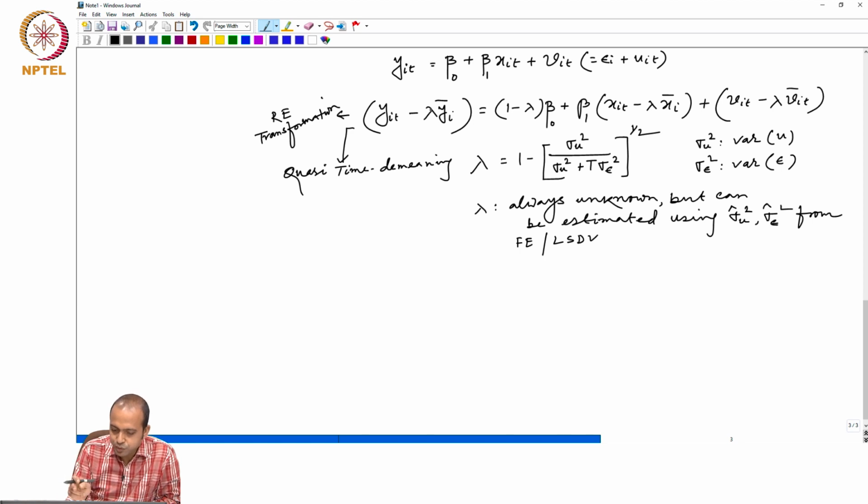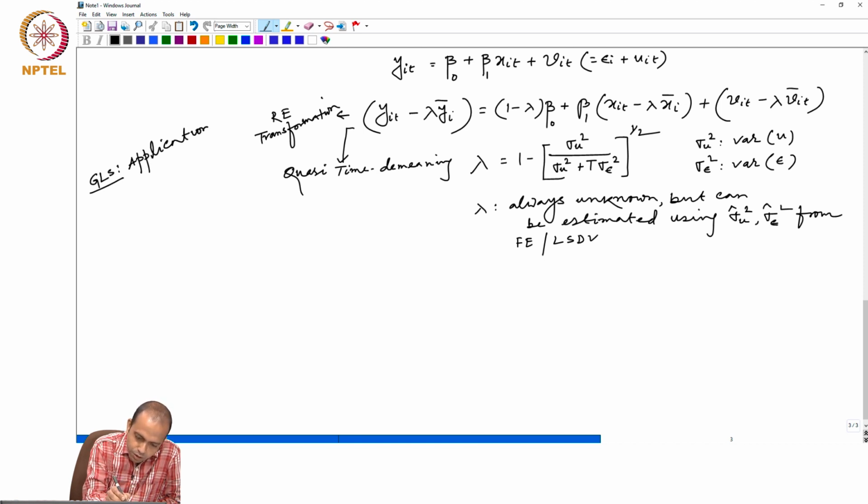This transformation is known as, when we apply OLS in this transformed model, that is called generalized least squares, GLS, which is nothing but the application of OLS in the transformed model.